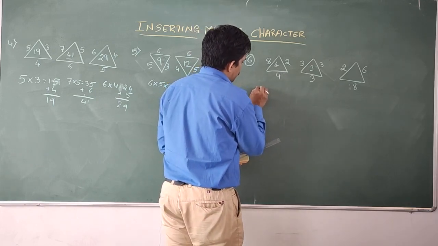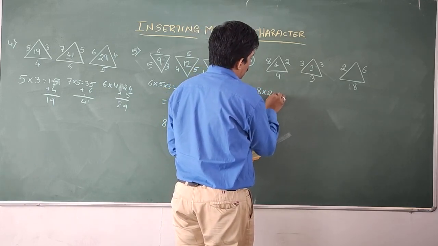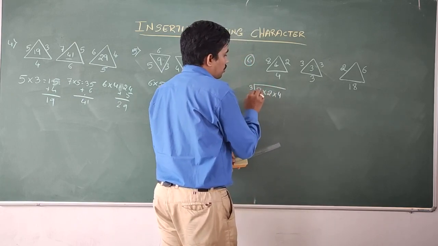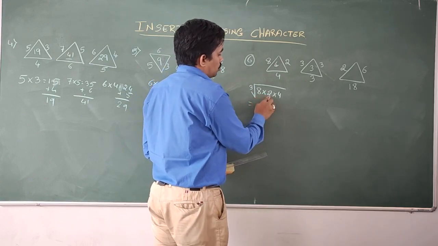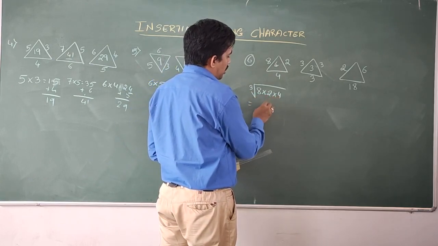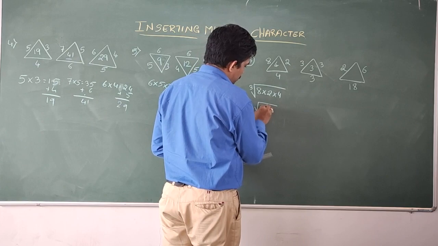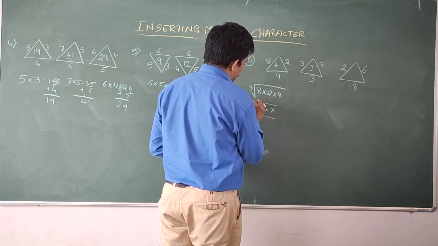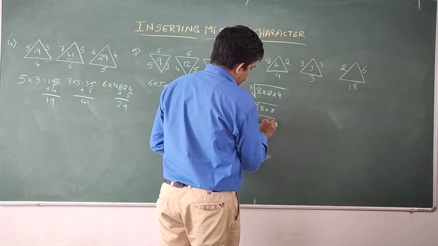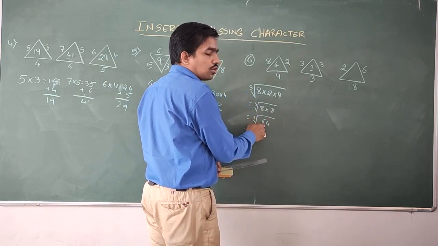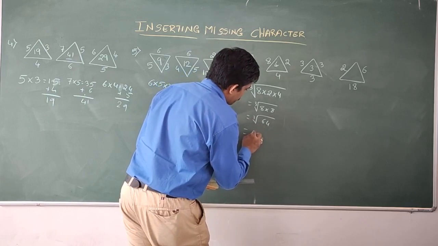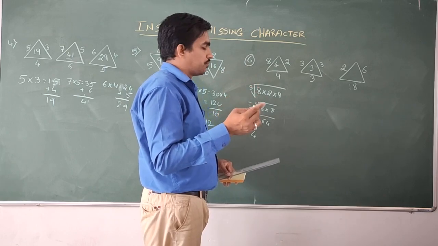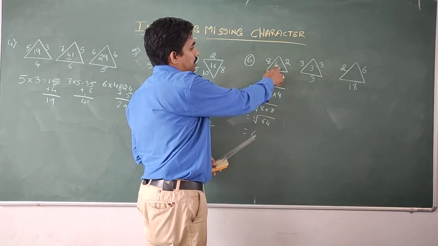See here, 8 into 2 into 4, cube root of this. 8 2s are 16, 16 4s are 64. Cube root of 64 is 4. 4 4s are 16, 16 4s are 64. So we can answer this.